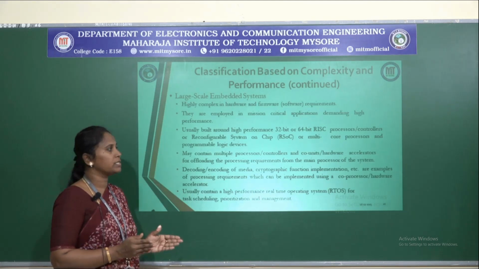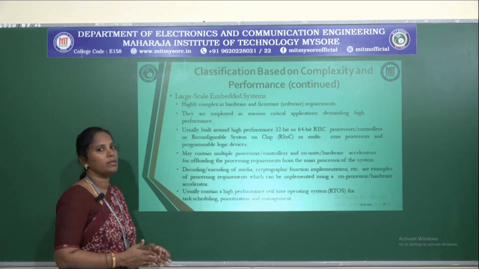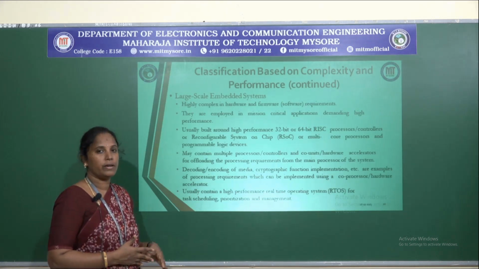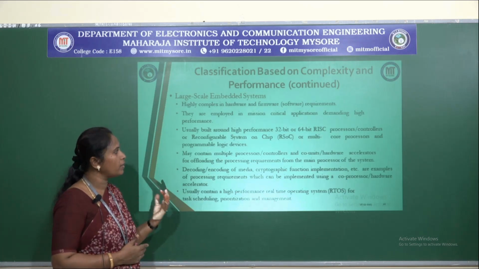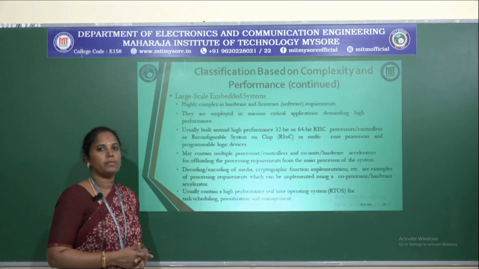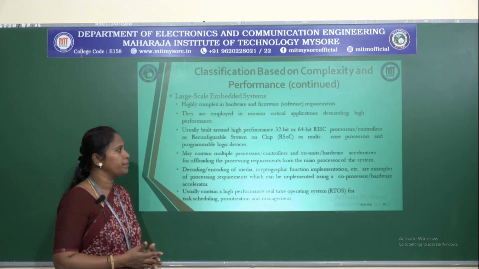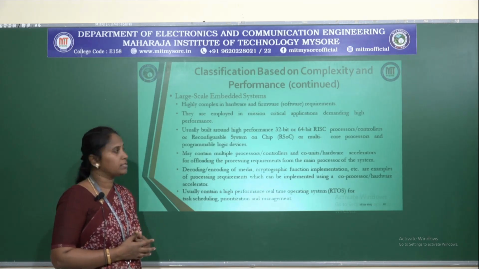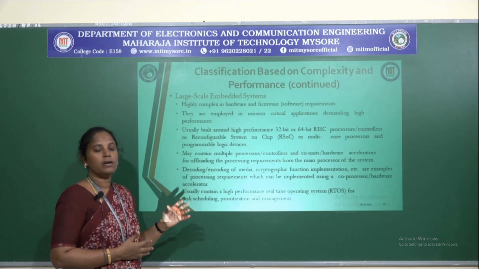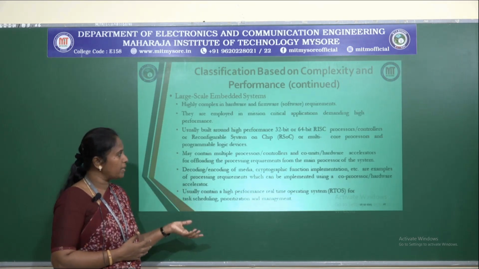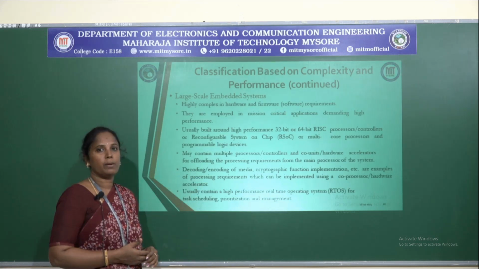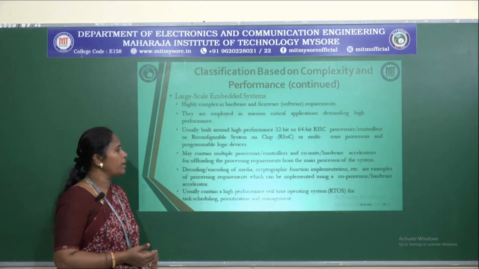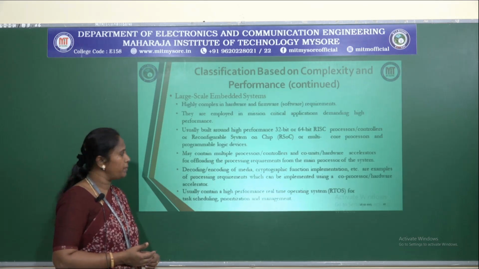So with few instructions, the complexity involved in programming is reduced here. And also we have system on chip, that is reconfigurable system on chip. That means you can reprogram your chip, and use your system for numerous applications, as well as programmable logic devices, that is PLDs. So you can reprogram and use it for multi-purpose applications.